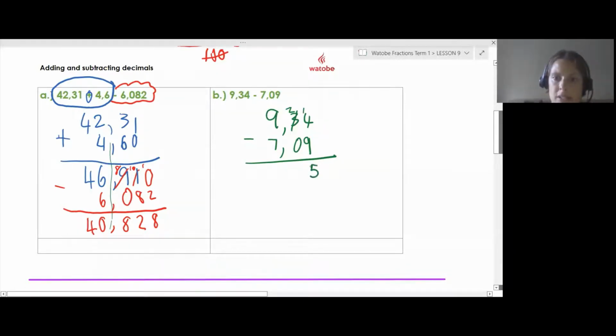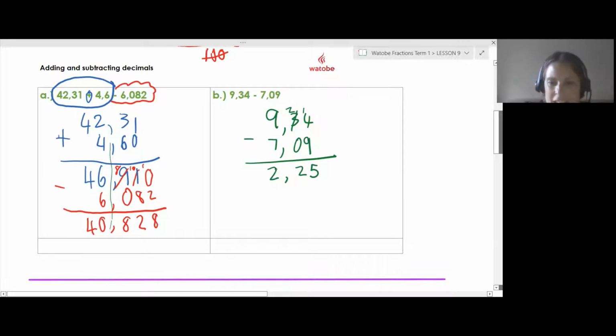Good. And then 2 minus 0 is 2. Good. Comma. 9 minus 7 is 2. There we go.